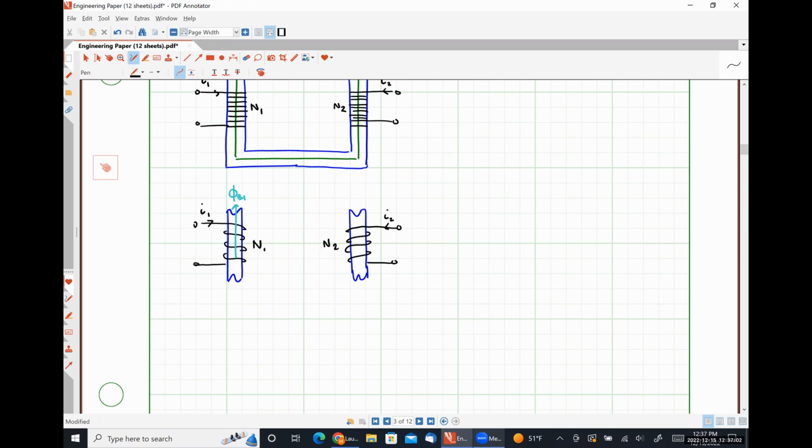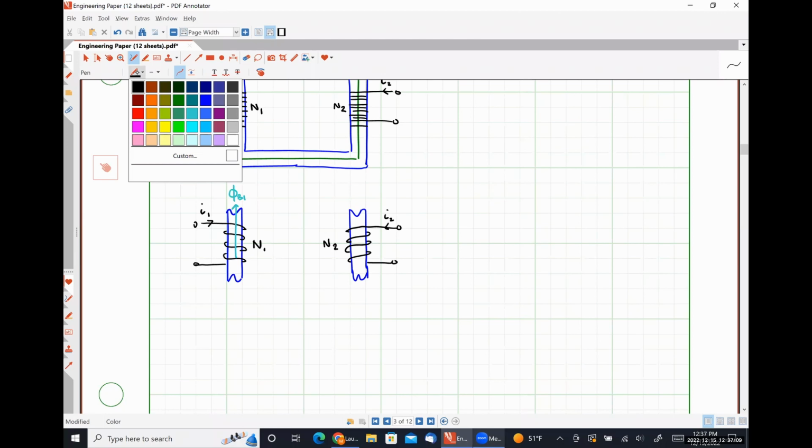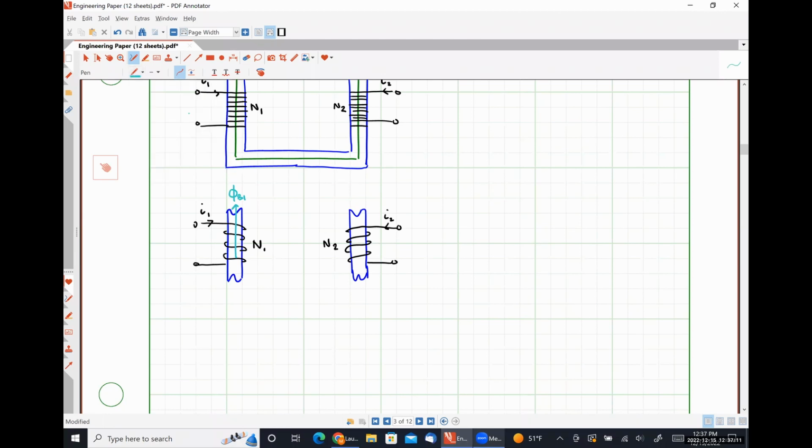And there are N2 number of turns. What's the direction of my flux? Down.